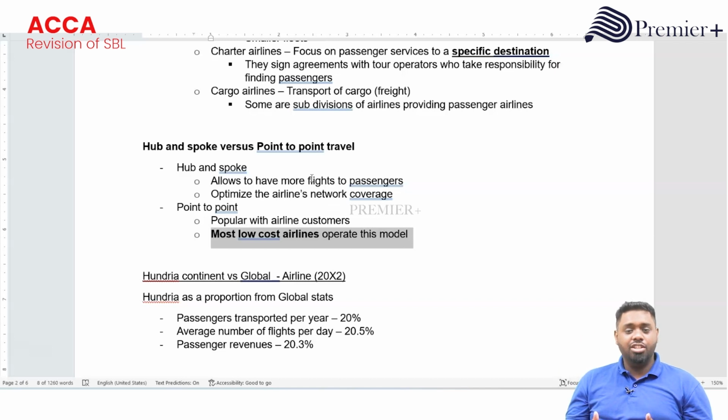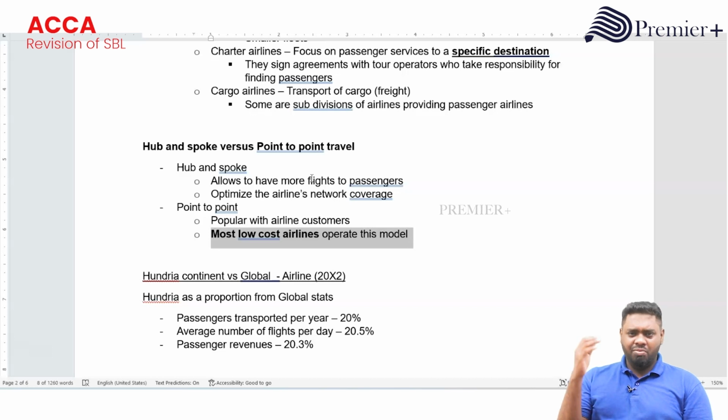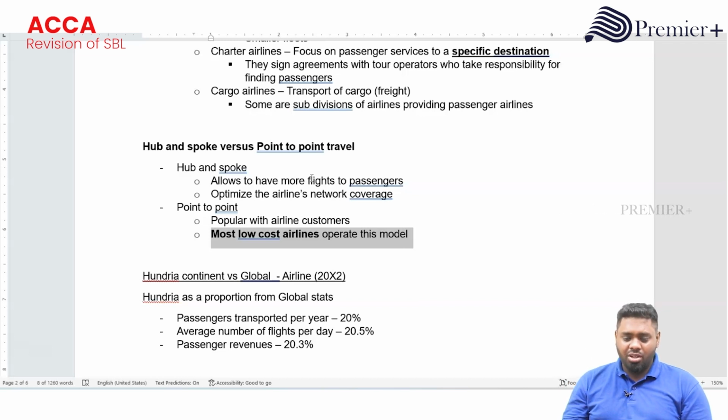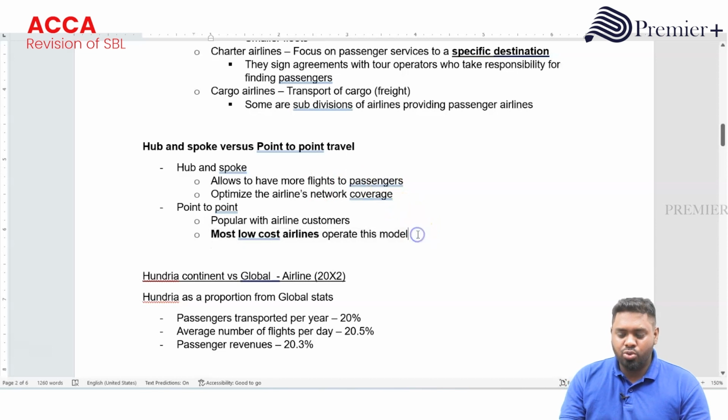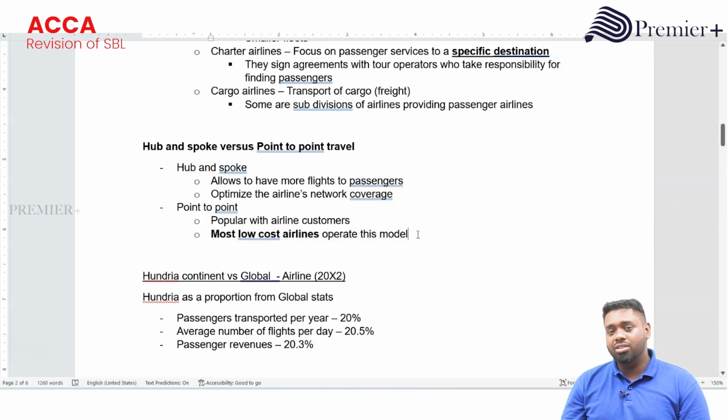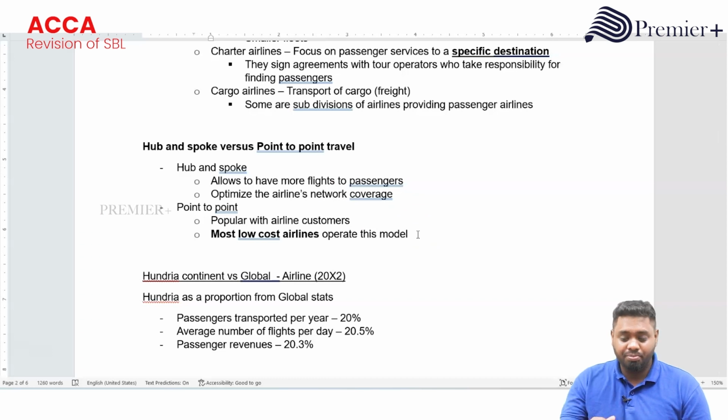So there might be additional costs related to that as well. But if it's point to point, once the customer gets off the first flight, the transaction is completely over. So these are things that you could think about, but do not comment on this a lot in the examination unless they have provided a detail.